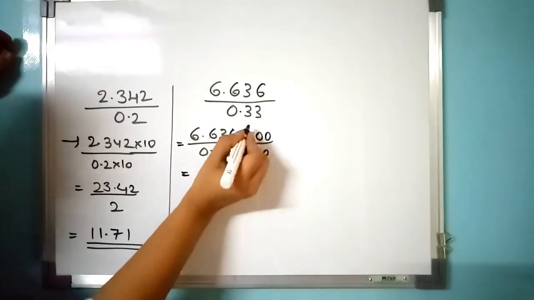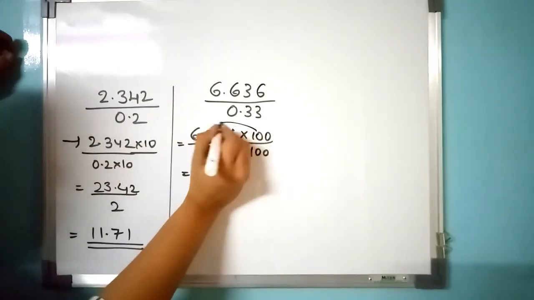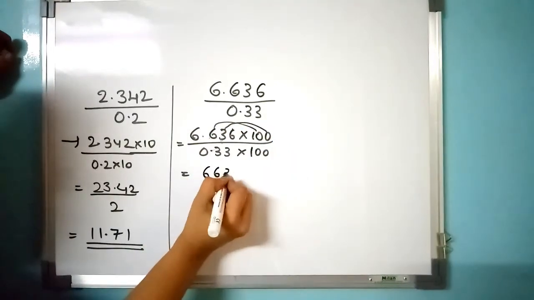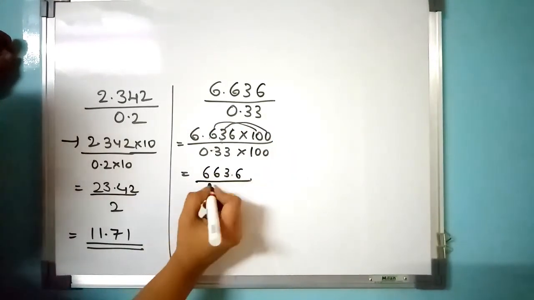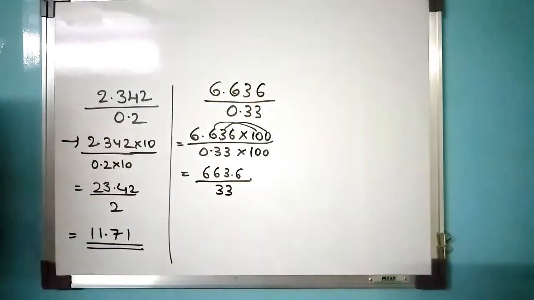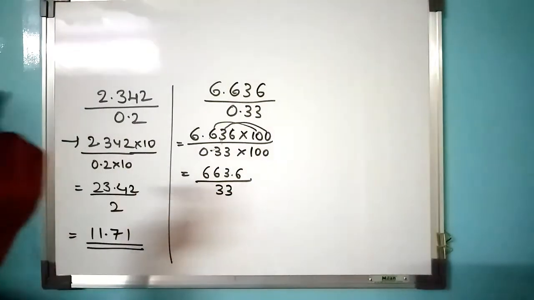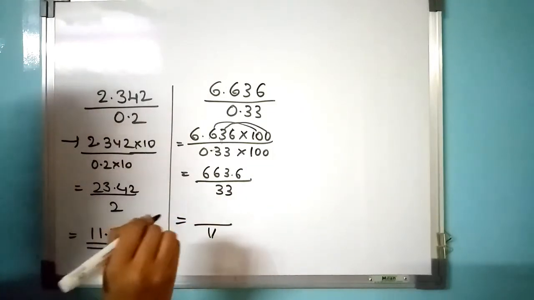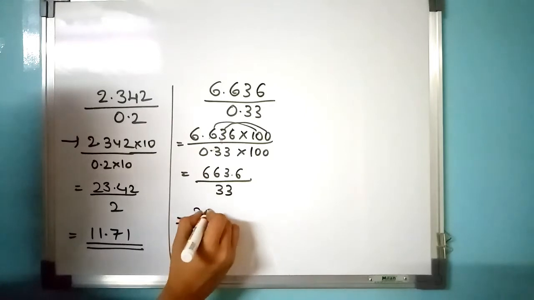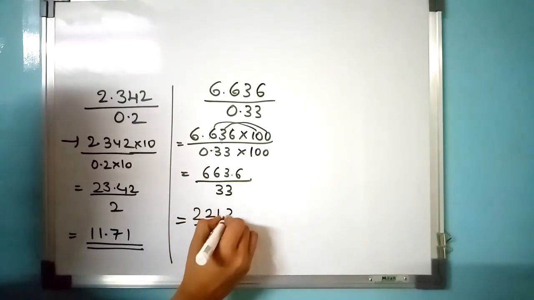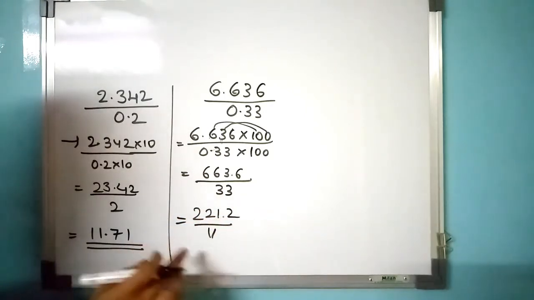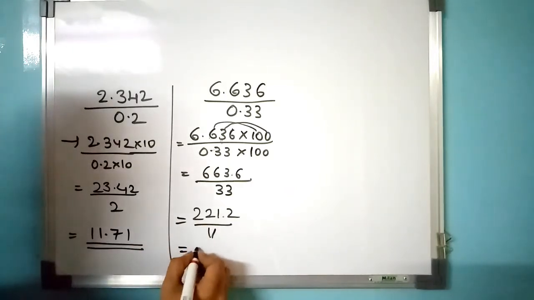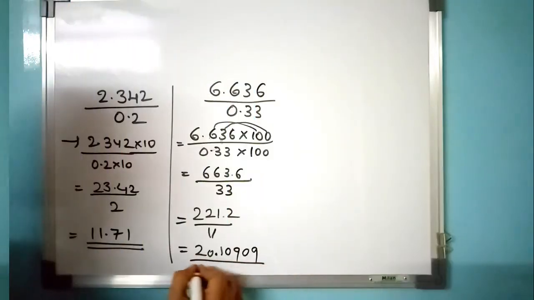This makes the decimal shift 2 places, so it will be 663.6 upon 33. Now let us check for divisibility by 3. 3 ones are 3, 3 ones are 3, 3 twos are 6, 3 twos are 6, 3 ones are 3 and 3 twos are 6, divided by 11. After dividing by 11 you get the answer: 11 twos are 22, 11 zeros are 0.